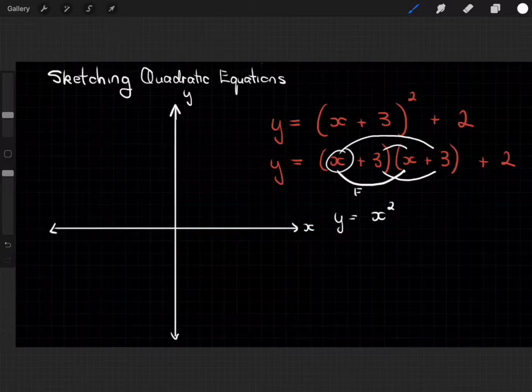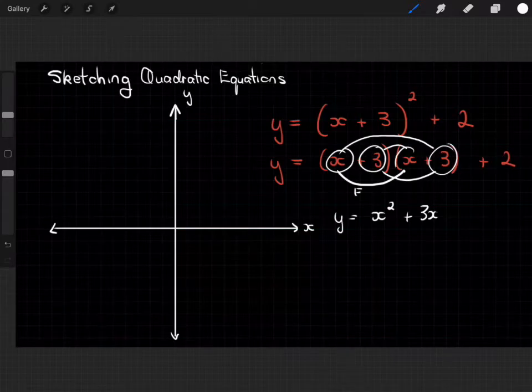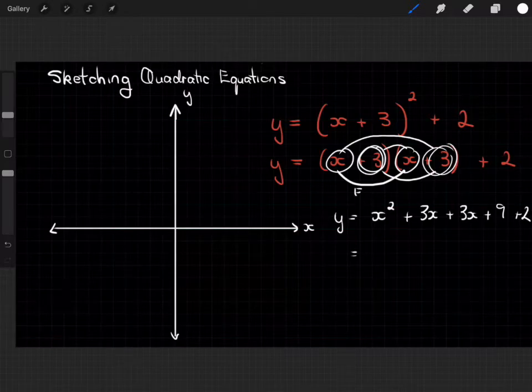The outside two, which is x times 3, is 3x. The inside two, which is positive 3 times x, is also 3x. And the last two is positive 3 times positive 3, which is 9. And don't forget the 2 on the end. So if we simplify that, that's going to be x squared plus 6x plus 11.